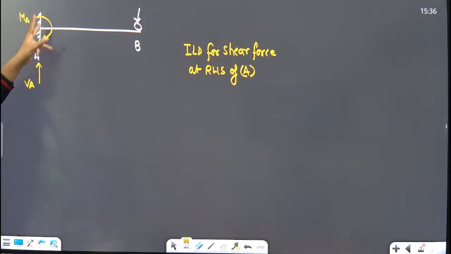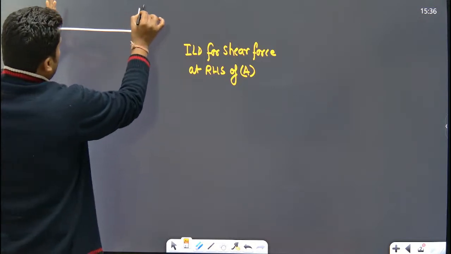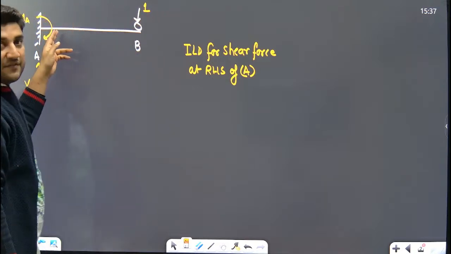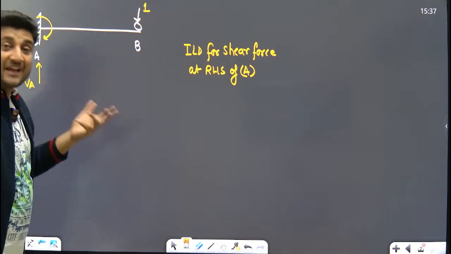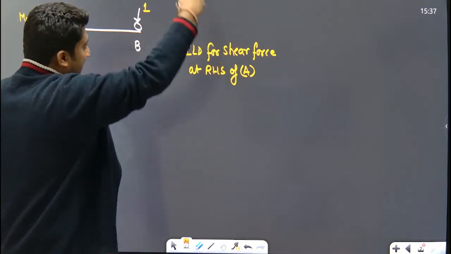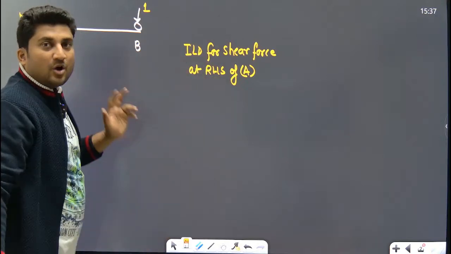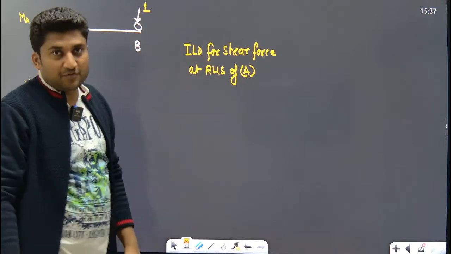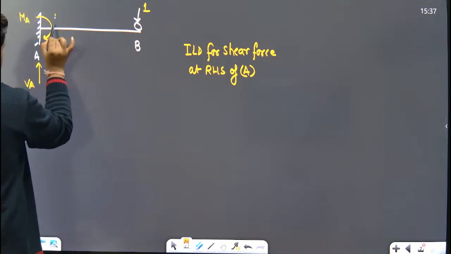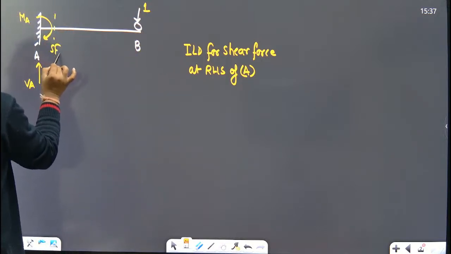If you need to find the shear force at RHS of A, whatsoever be the position of the unit load, there will always be a shear force at A. Now what is the sign convention for shear force? If you are looking towards the right hand side and there is a downward force, it is treated as positive shear force. So if the unit load is at this position, the shear force at A is 1.